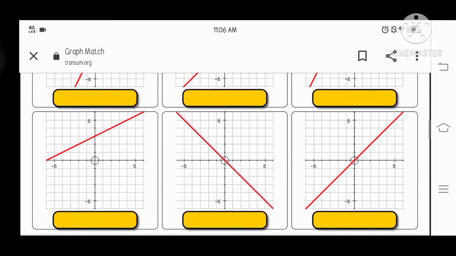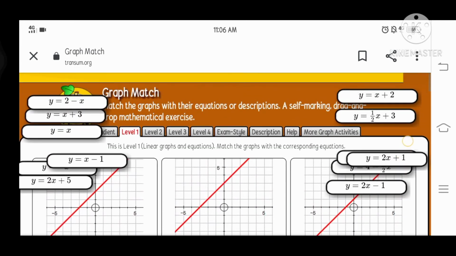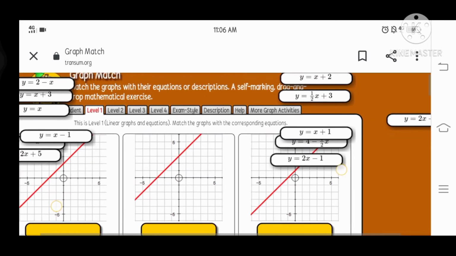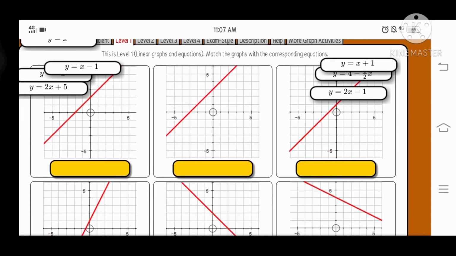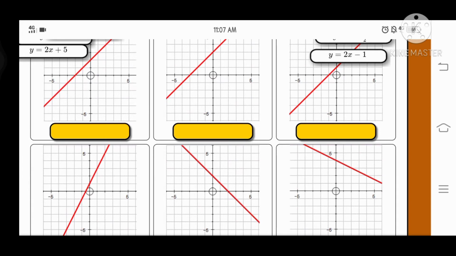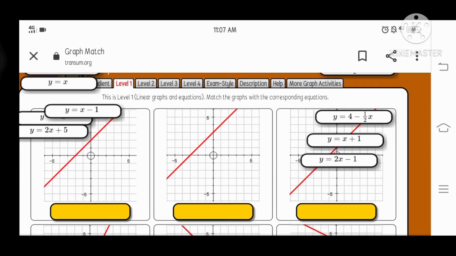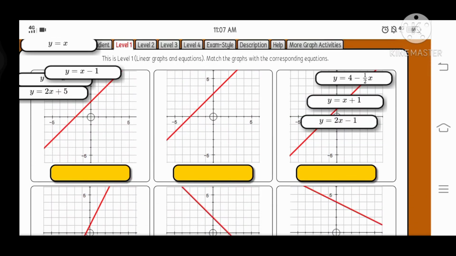When one of your answers is still wrong, or doesn't match the graph, the blue wrong badge will appear. If you answer all the questions right, matching the correct equations, the red correct badge will appear.